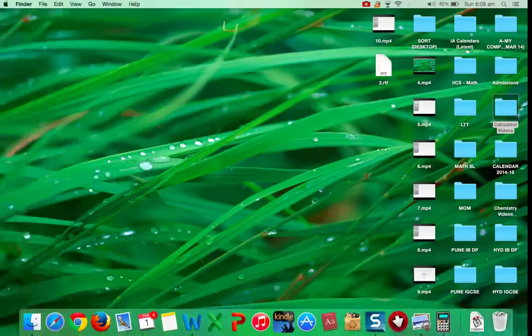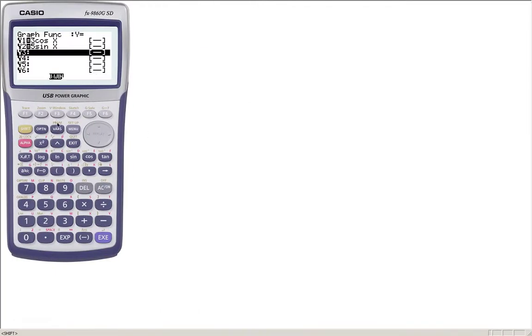So I'll go and change the scale. Shift view window. So 0 to 360 degrees. Okay, so I'll make this -5 to +5.